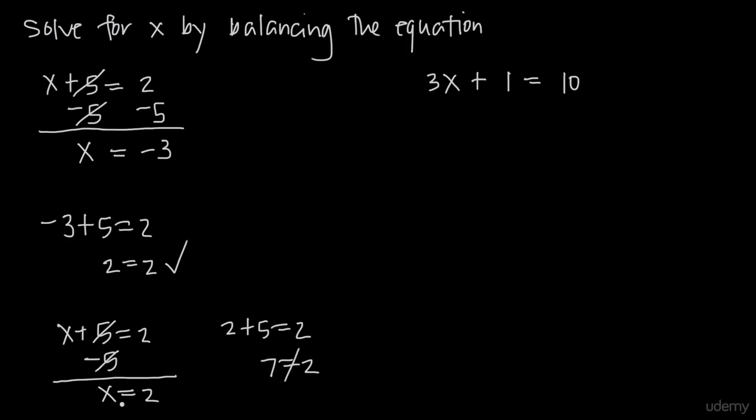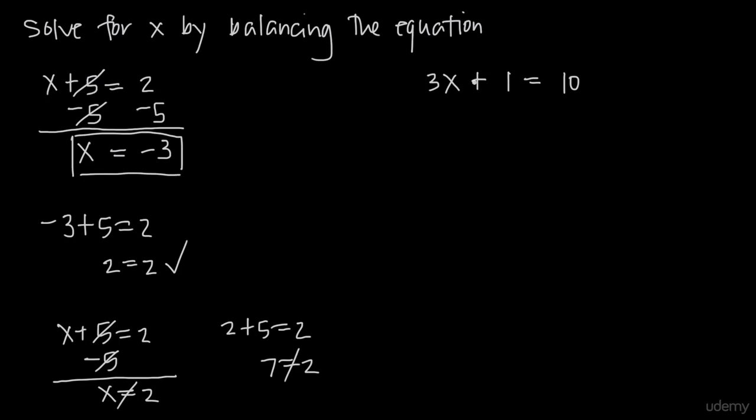So we know that x equals 2 is not a correct solution, and the reason it's not correct is because we didn't keep our equation balanced. We only subtracted 5 from the left-hand side. So whatever you do to one side, you have to do to both in order to come up with the correct solution for the variable in our equation.